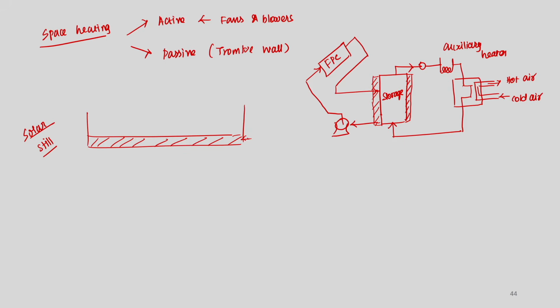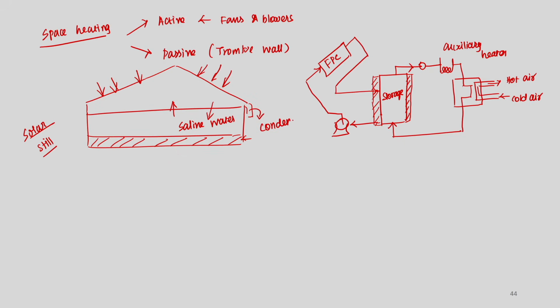Here you have an insulated arrangement where you fill the still with saline water, then you have an arrangement to trap the solar radiation, right, due to which the water gets heated, and then you have provision to collect the condensate, the clean water, and the salt is deposited at the bottom. So, this is nothing but a solar still.